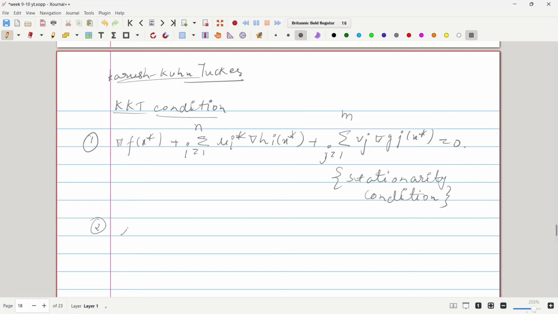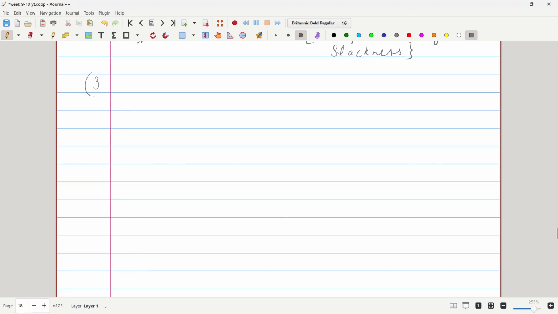The second property is ui times hi of x dash is equal to 0 for all i. This is complementary slackness. The third condition is hi of x dash less than or equal to 0 for all i, such that gj of x dash is equal to 0 for all j.